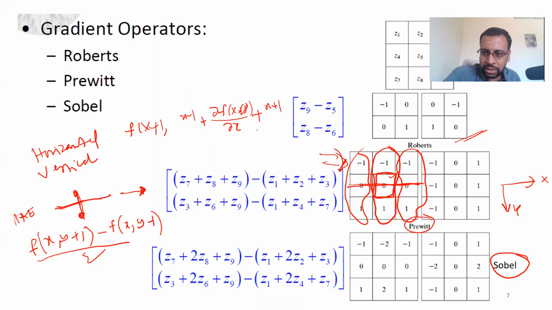Same concept you could see, this is the one which would find you the vertical edge. Any mistake did I do there? Yes, that's fine. Now you pay attention here. I hope you are all following with me carefully. This is equal to f of x plus 1 minus f of x minus 1, right?